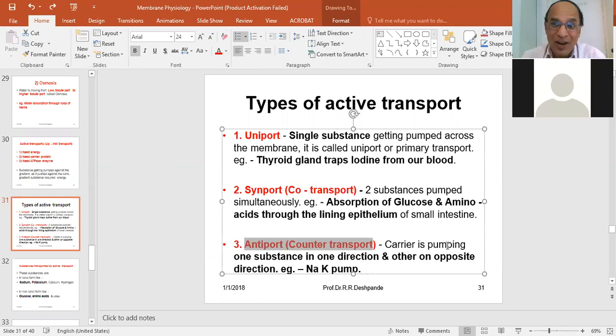Do you understand? Depolarization. So Na is moving in, potassium is moving out, simultaneously. Sodium is always outside, potassium inside. Na is coming in, K is going out. So this movement is called antiport or counter transport. So these are all pumping movements. That's why they are active transports.